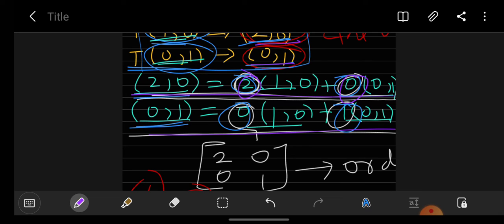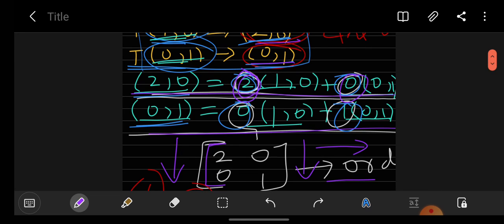This is your coefficient, this is your coefficient. You write this in column vector form, in column order, not in row order.